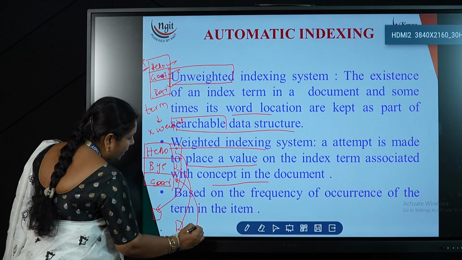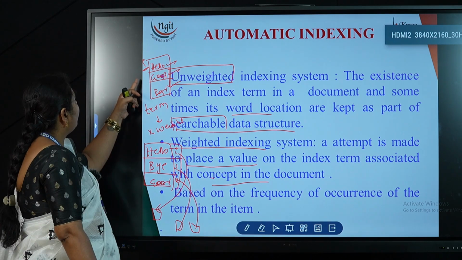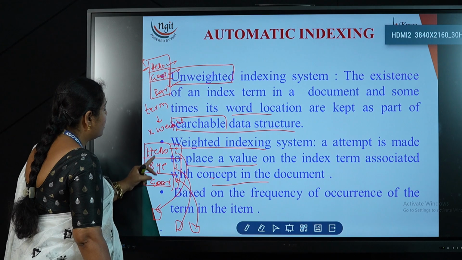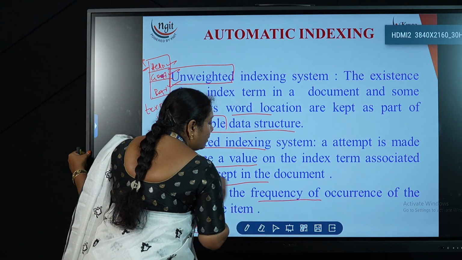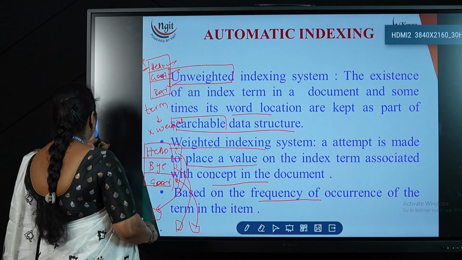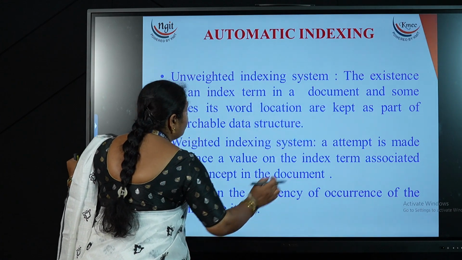So this available data is within the concept of the document. Unweighted will only have the searchable terms, and this will have the weightage of your document. Or you can also write the frequency of occurrences. Remember, we have discussed this weightage, frequency of occurrences.